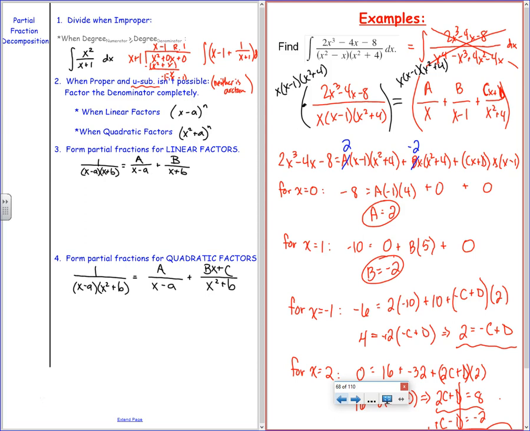Okay, guys, listen. We do have a 3-day week. Here's the deal. Whenever you have quadratic factors like this, like we had over here with the cx plus d, in a partial fraction decomposition, there's no shortcut.